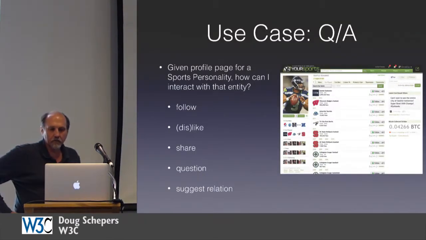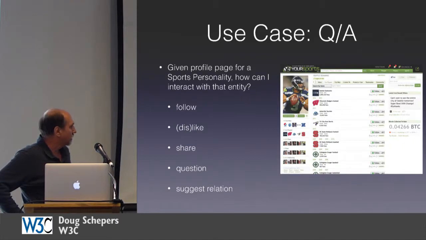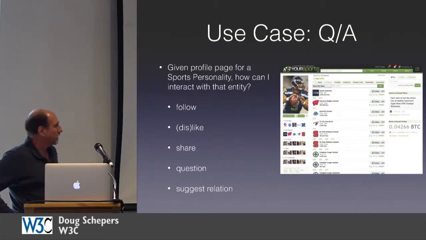The use case that we have is in sports, where we're attempting to use these principles to build a very rich and deep application layer for providing a social community around deep knowledge about sports. We have standard operations such as I want to follow a team or a player.